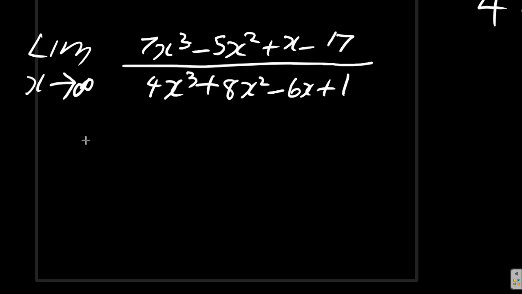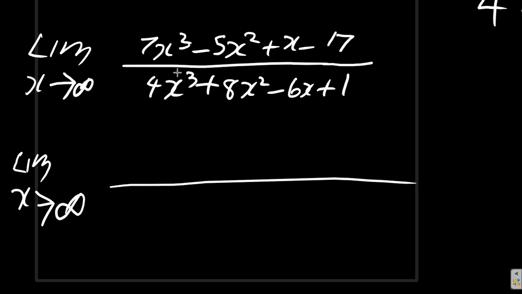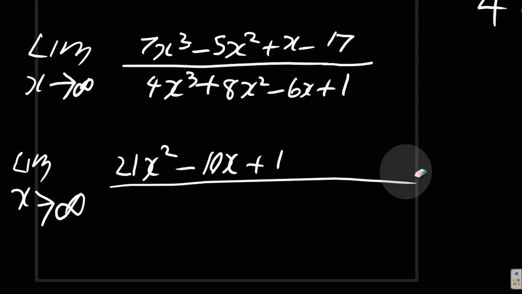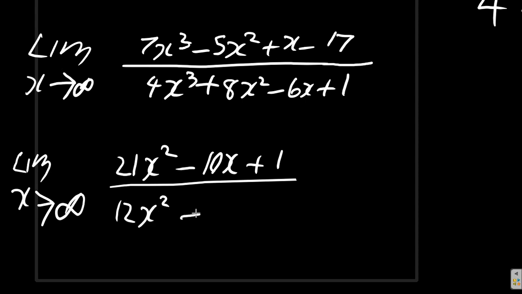This is equal to the limit as x approaches infinity of: differentiate the numerator, 3 times 7 is 21x squared, minus 5 times 2 is 10x, plus, differentiate x, you get 1, minus 17. When you differentiate the constant 17 you get 0. Over 3 times 4 is 12x squared plus 8 times 2 is 16x minus 6. When you differentiate 1 you get 0.